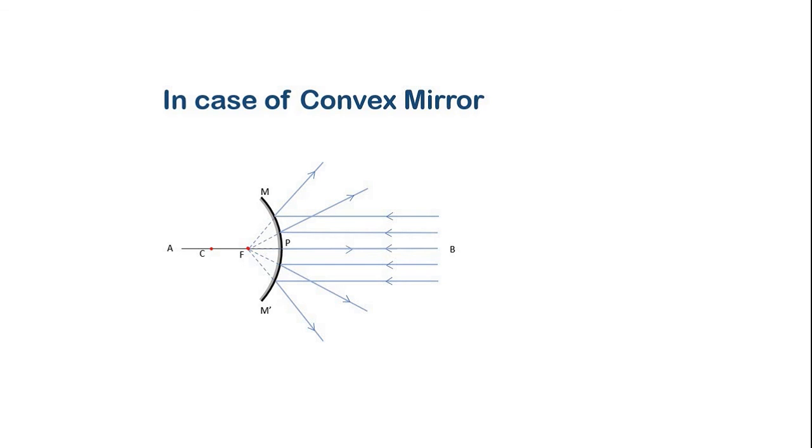Similarly, in case of convex mirror, a parallel beam of light rays is incident on the convex mirror, and after reflection the rays appear to diverge from a point on the principal axis. This point is the principal focus of the mirror. So F is the principal focus.